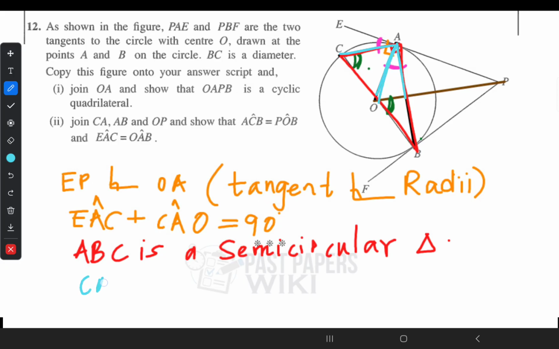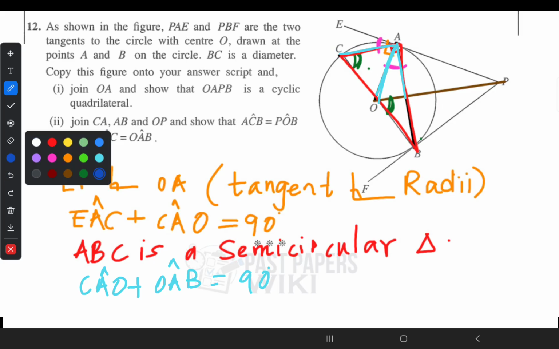So I'll write CAO plus OAB, the total angle, that was OAB. This is just extended up to here to name it. CAO plus OAB equals 90 as well. We just denoted this one is 90. So the sum of this angle and this angle equals 90.